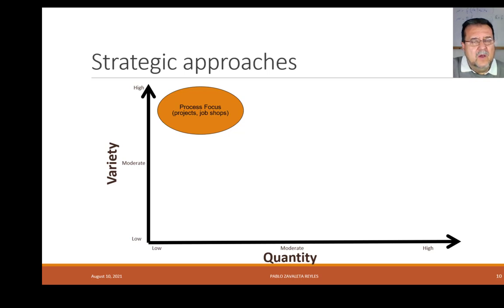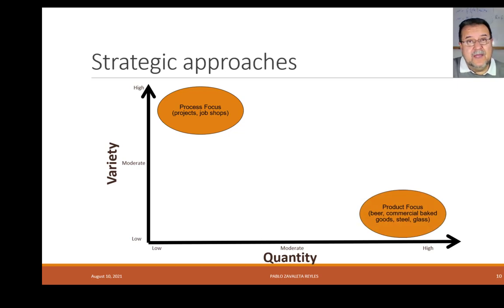We have very low quantity and very high variety. For example, hospitals, because human beings are not all made to the same size.